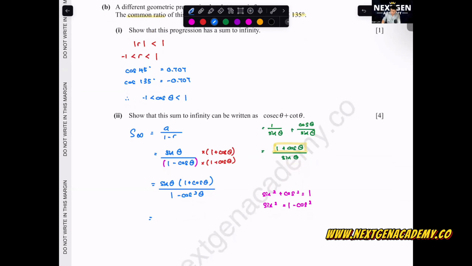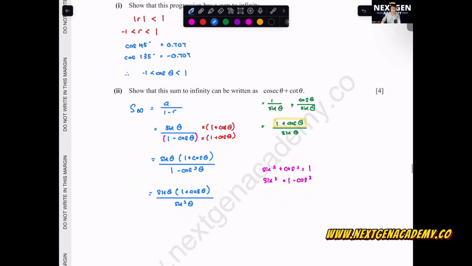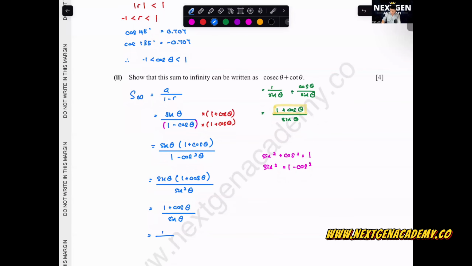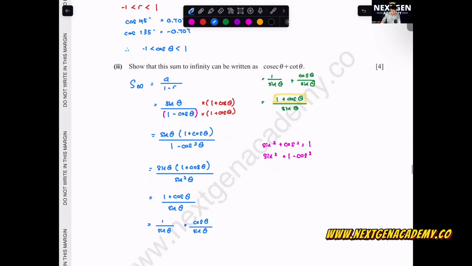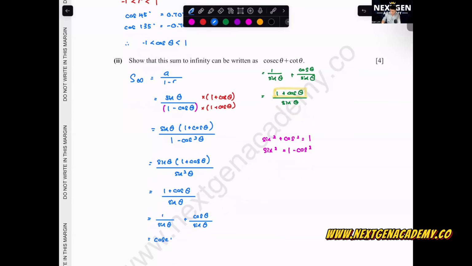So I can rewrite the bottom part as sine square theta, which we can cancel off the sine theta over sine square theta to become 1 plus cos theta over sine theta. Then we can split it up: 1 over sine theta plus cos theta over sine theta, which will give us cosec theta plus cot theta.